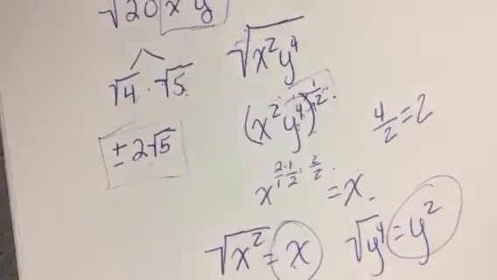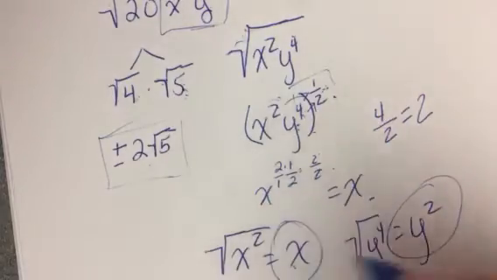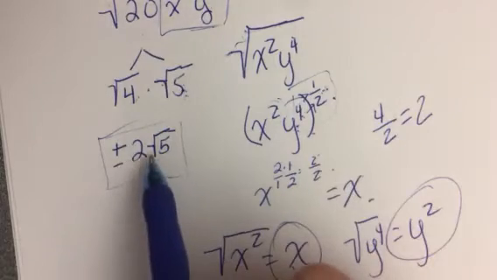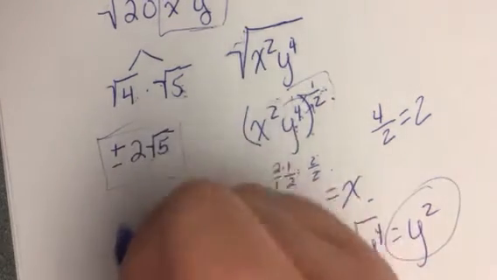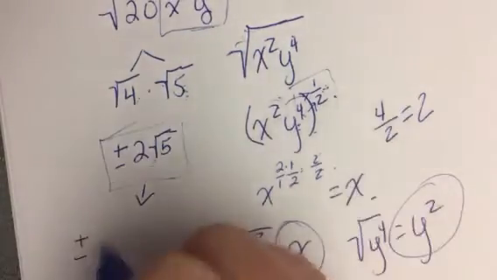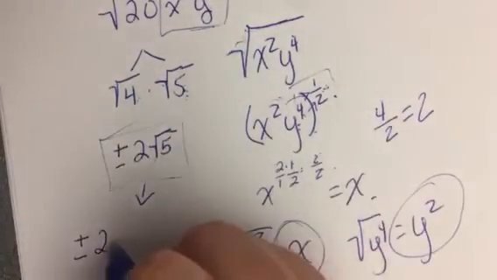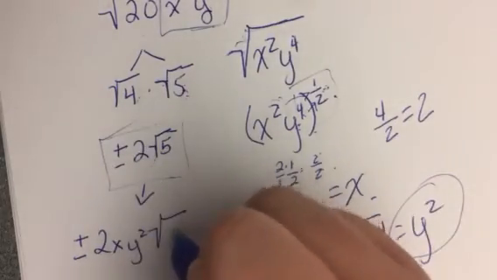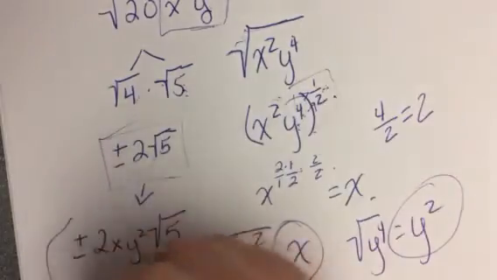Typically, once you have square rooted something and it's no longer under the radical, it needs to go in front of the radical. So this is going to end up being plus or minus 2xy squared times the square root of 5.